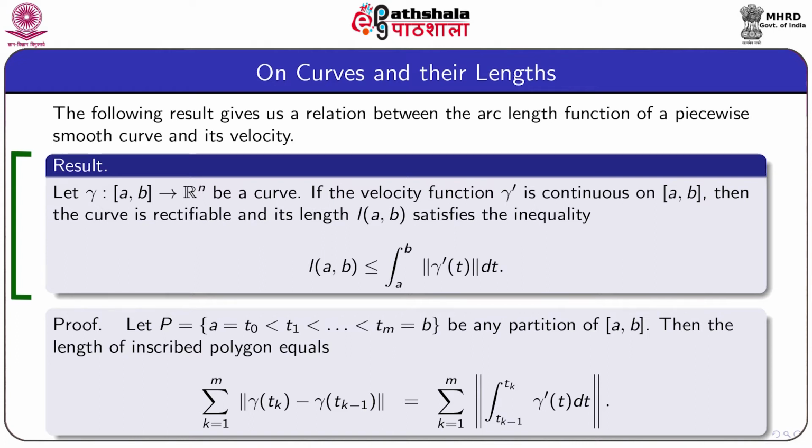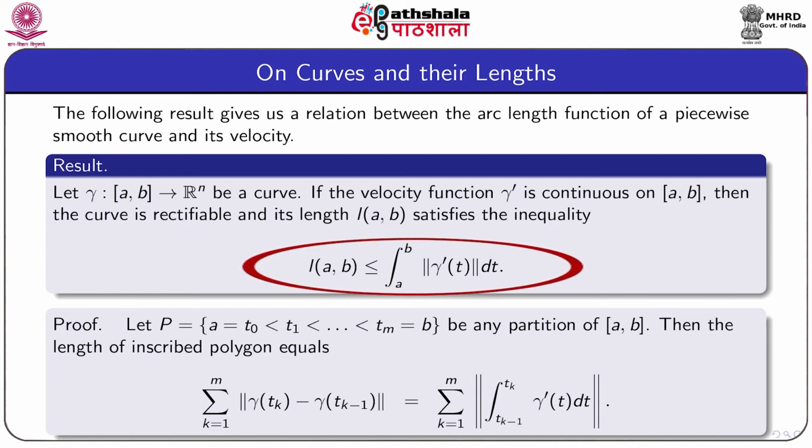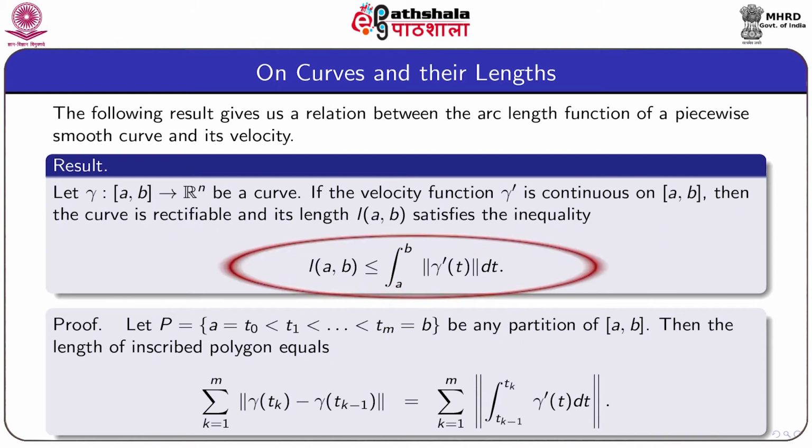If the velocity function gamma dash is continuous on this interval [a,b], then the curve is rectifiable. Now let its length be denoted by L_ab. Then L_ab satisfies the inequality L_ab less than or equal to the integral from a to b of norm gamma dash(t) dt. Later we shall show that actually L_ab will be equal to this integral.